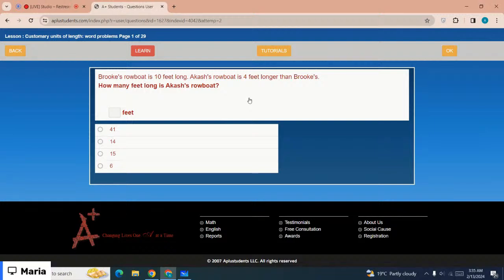Akash's rowboat is 4 feet longer than Brooks'. So you need to add 4 to 10. So 10 plus 4 equals 14. That means Akash's rowboat is 14 feet long.